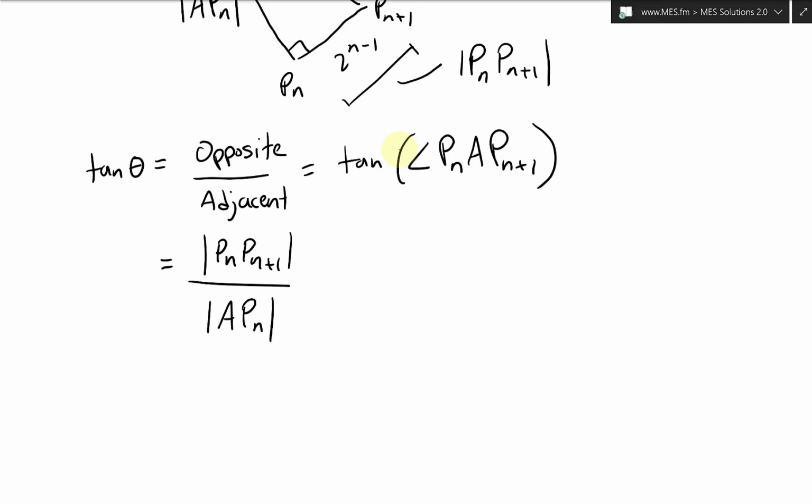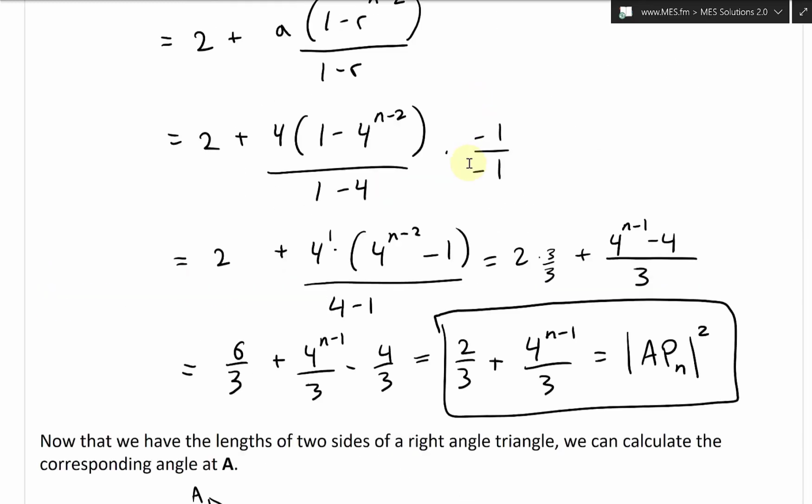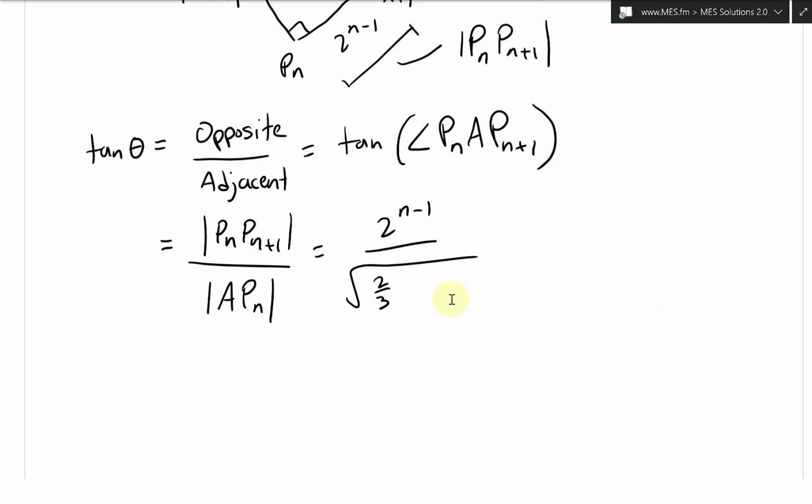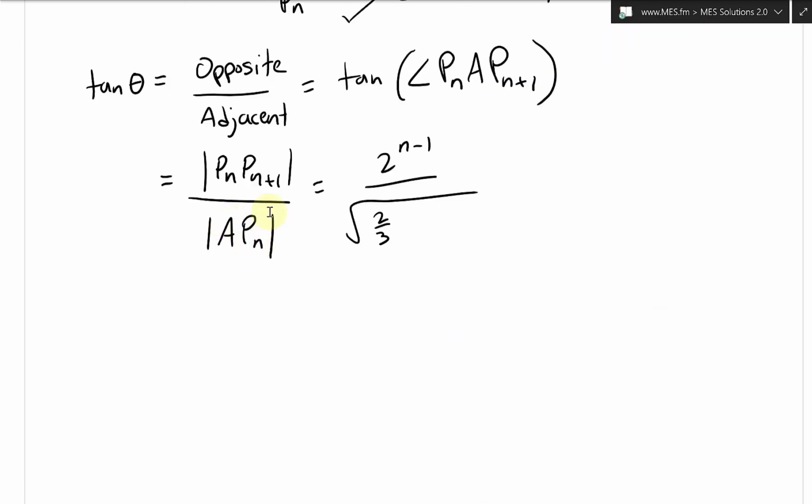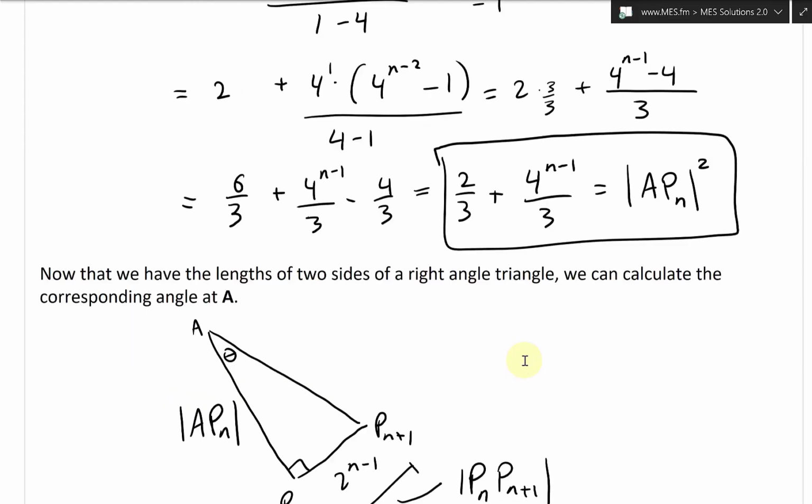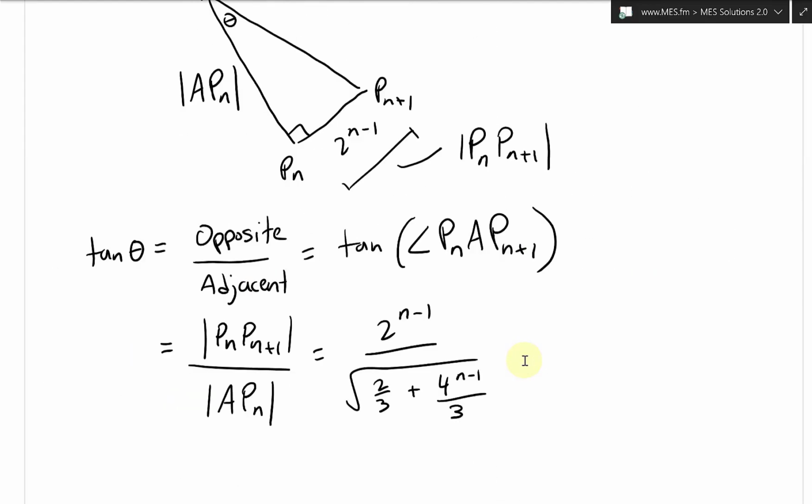So that's the opposite, and there's the adjacent. We know this is 2 to the n minus 1, that's what we're given. And here is our giant formula. Now we're squaring it and square rooting it. This is APn squared, so you take the square root, plus or minus, but we're obviously going to take the plus. So it's going to be plus 4 to the n minus 1 over 3, like that. So we have that over here, all that together inside.